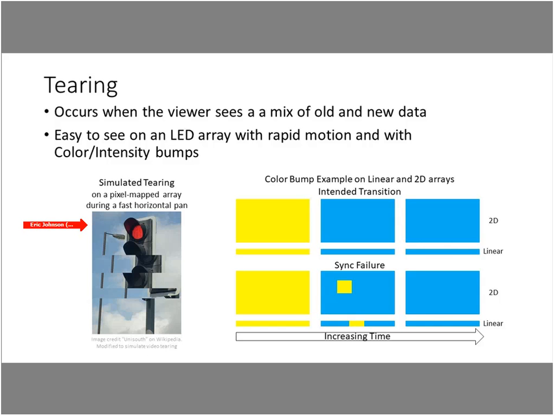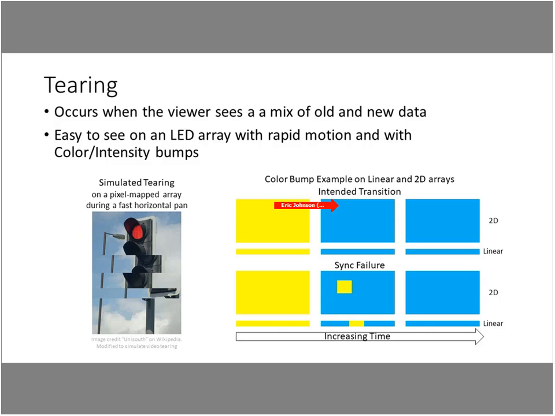Other things can happen, take these examples over here. If you're doing a color bump, say you have an upstage wall of RGB par cans, or an upstage pixel wall, and you want to do a quick transition from yellow to blue. Ideally, you want all of them to transition at the same time.